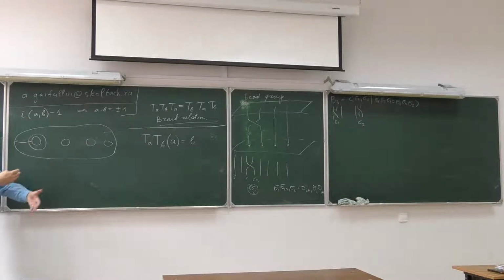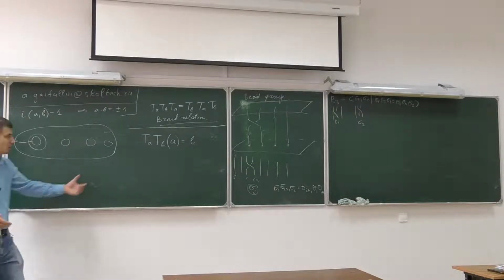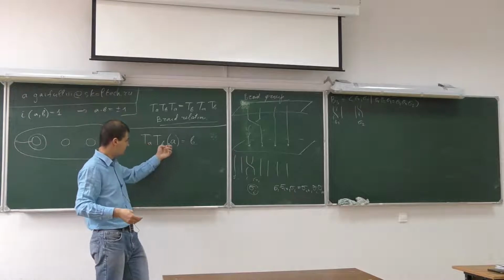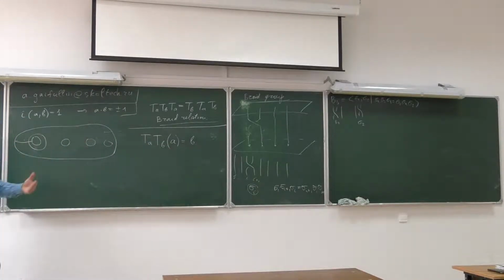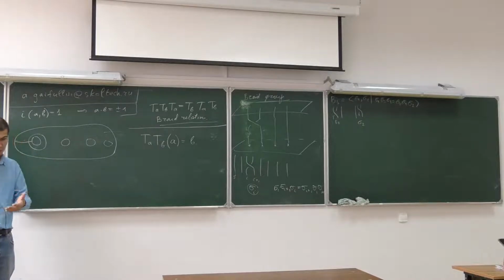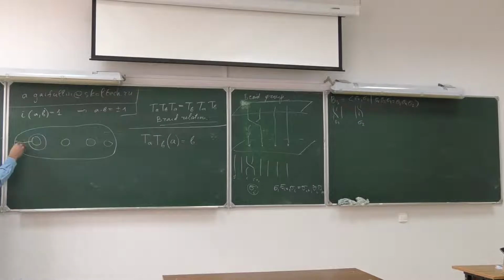When we just have some relation between mapping classes which applied to some curve gives another curve, then we can just check it directly. So suppose that this one is A and this one is B.